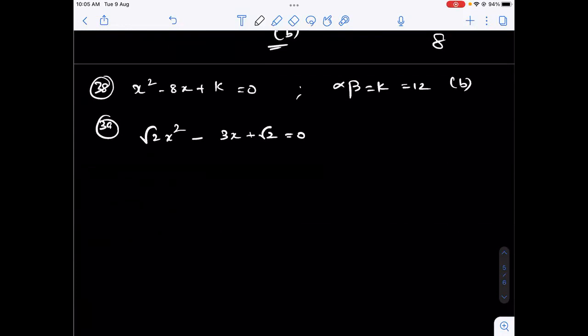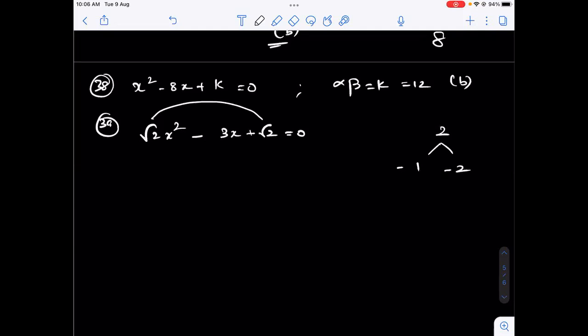So what can you do? This root 2 into root 2 is how much? 2. So what are the factors of 2? 1 and 2. But the middle term is negative, so minus and minus. So I can write it as root 2x square minus x minus 2x plus root 2 is equal to 0.